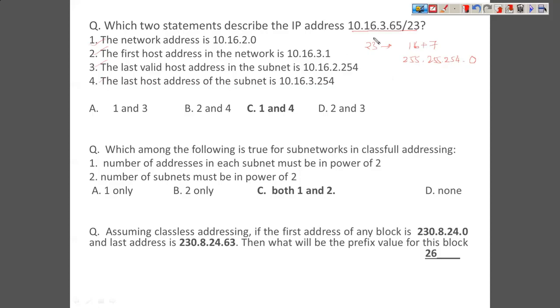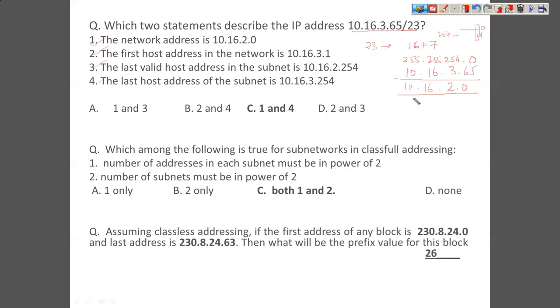Then we find the first address by doing the AND operation with this. What do you find? 10.16. And this is actually the 7th bit; we have used 7 bits. So 254 is 7 bits used and then 0. The last bit, 2 and 1, is the common part. So you write 2 and 0. This is the first address.